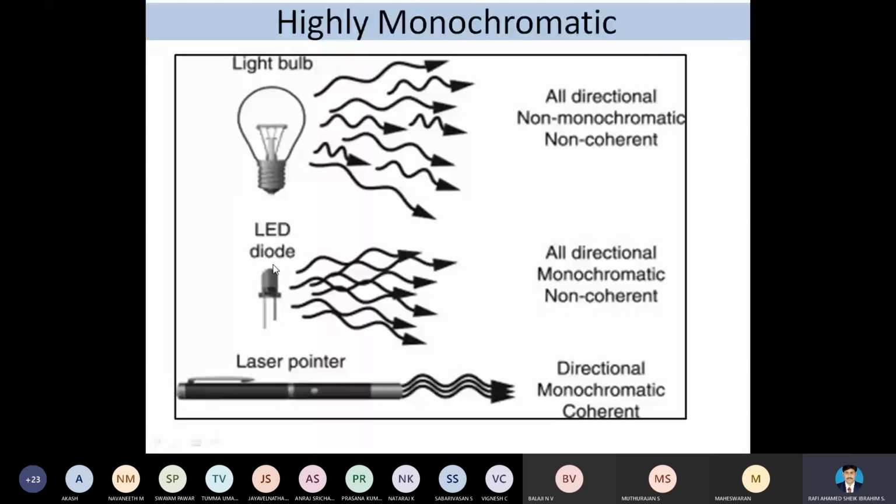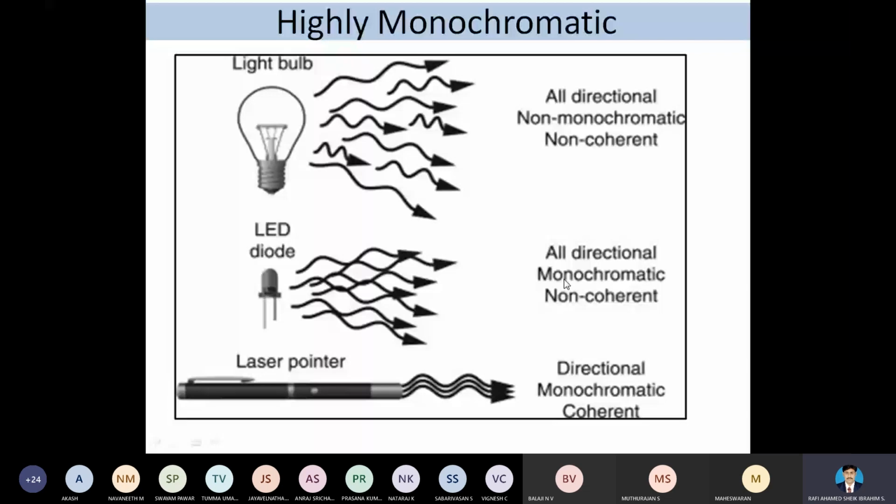So our condition is that it should be highly monochromatic, highly directional, and highly coherent. Then only will it act as a laser. Here it spreads in all directions: not directional, not monochromatic, not coherent. We're not considering this one. For LED, it spreads in all directions, and it's monochromatic, but not coherent.